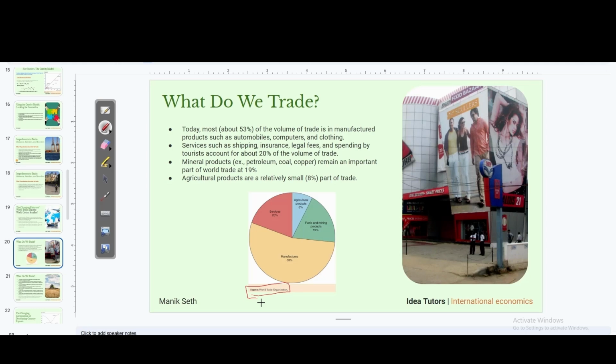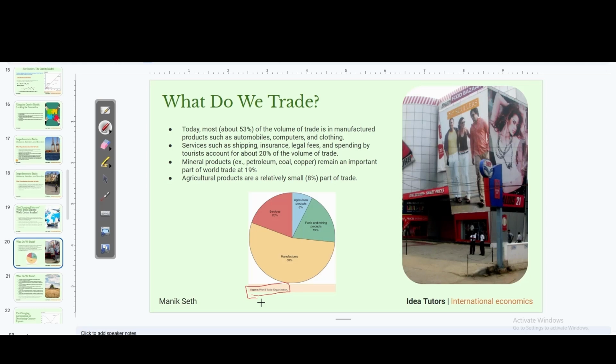According to this data it is 53%, and maybe the number is not exact, but the idea is that the manufacturing sector has the maximum stake in what is being traded. Then services such as shipping, insurance, legal fees, and tourism are about 20%. Then mineral products are around 19%, and agricultural products, the primary sector products, are around 8%. These are the least traded.